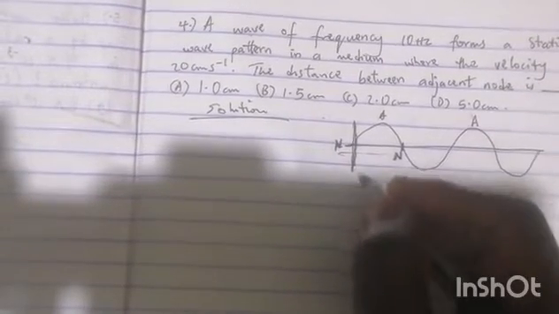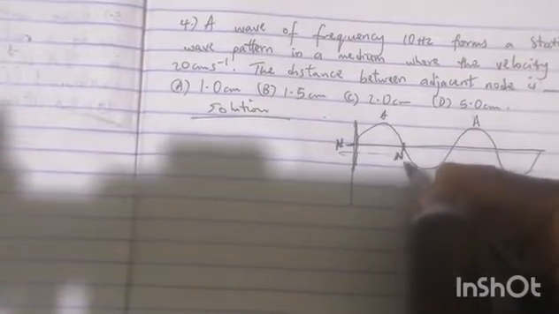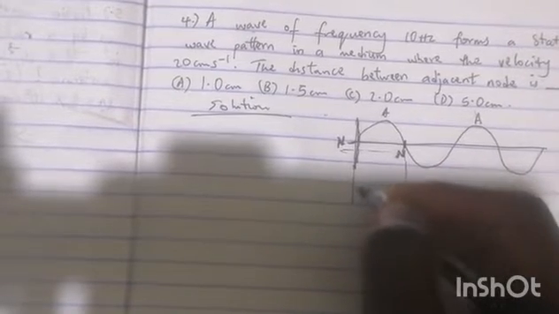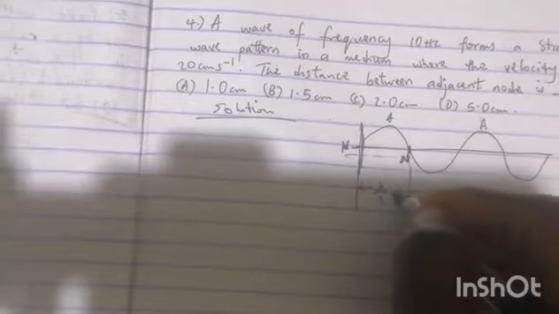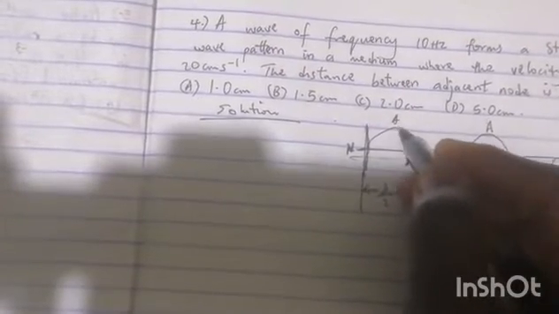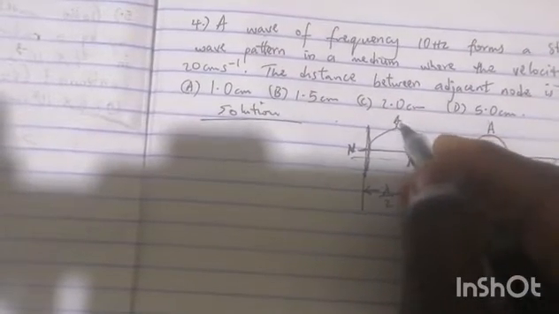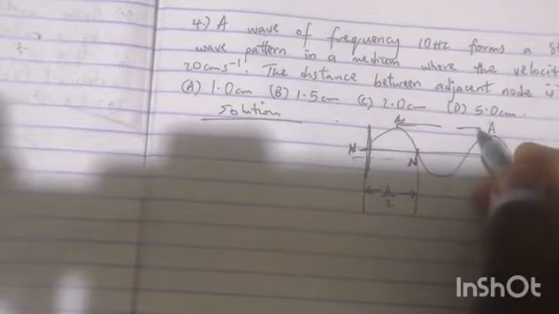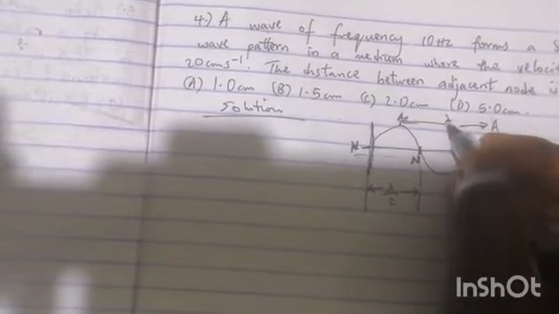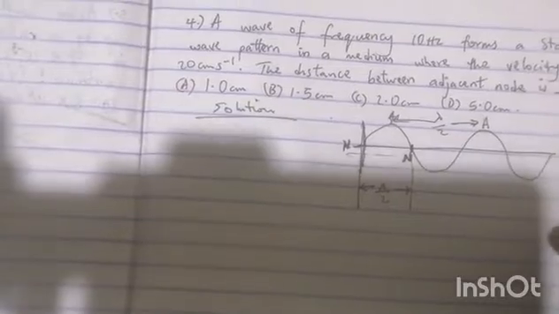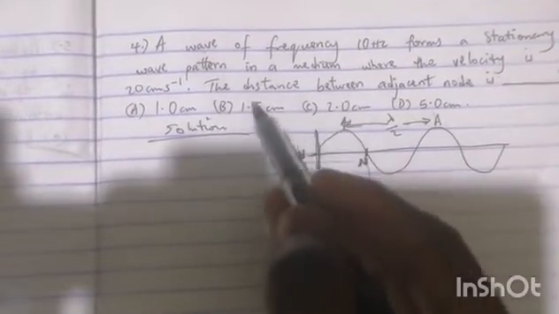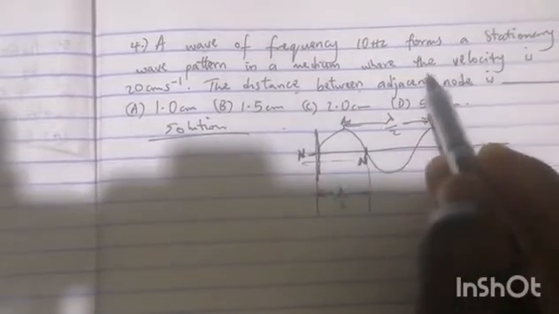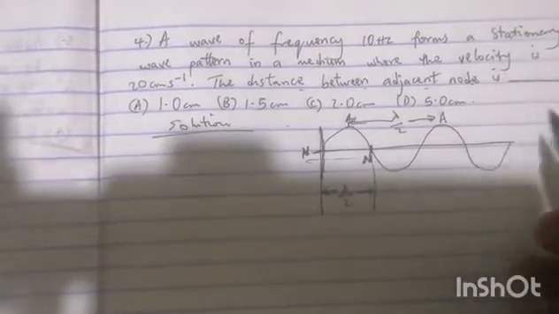The fundamental knowledge is that the distance between two adjacent nodes is half of the wavelength, and the distance between two successive antinodes is also half of the wavelength. You need this knowledge to solve this question. The question asks for the distance between adjacent nodes.